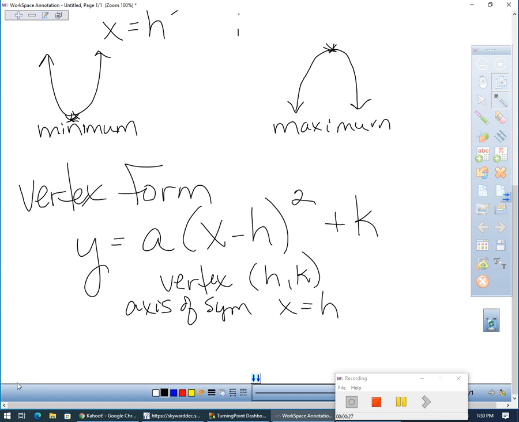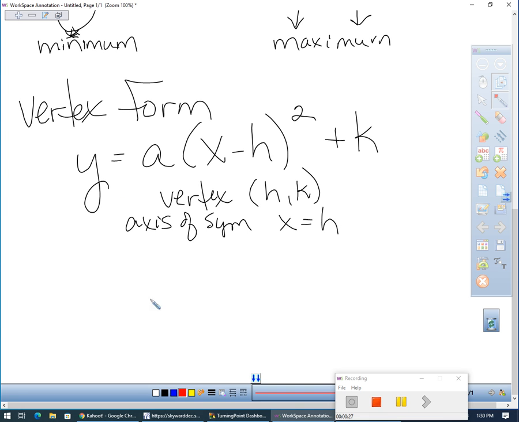Now, we also talked about translations from this form. We've actually already talked about some of this stuff this year. This a in front, remember, is a stretch or compress. If that a is negative, it is a flip, right?